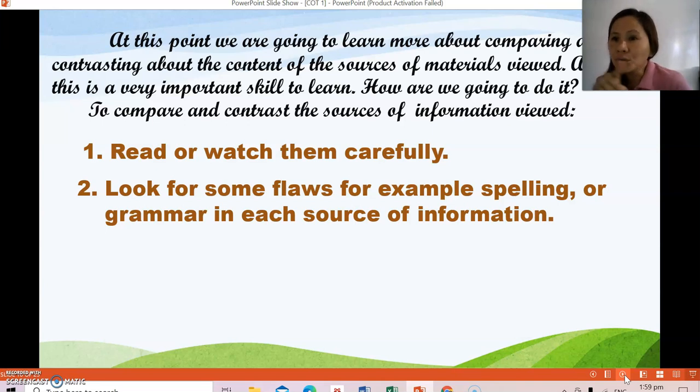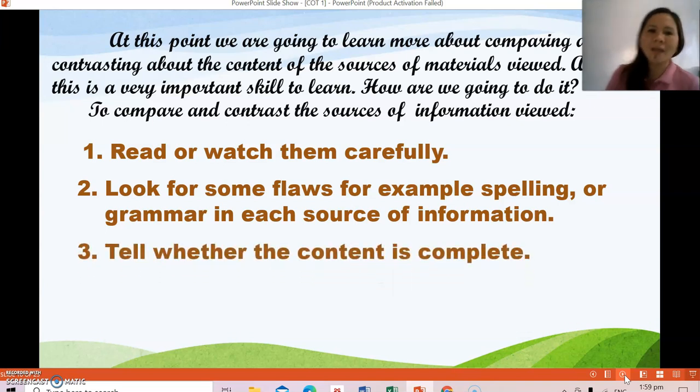So you have to read vividly all the information given there. You have to take down notes of the spelling, the wrong grammar, and of course, you can also focus on the abbreviations. Next, number 3. Tell whether the content is complete. This is true as to announcements.